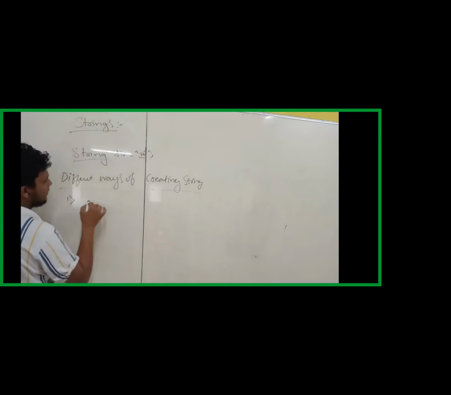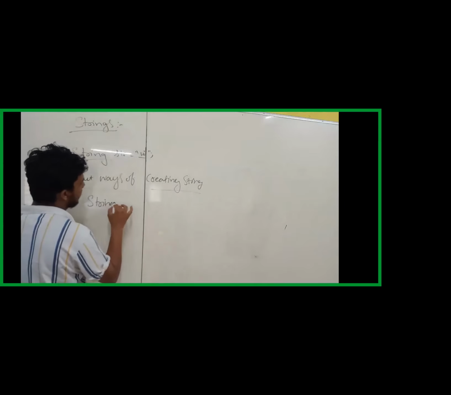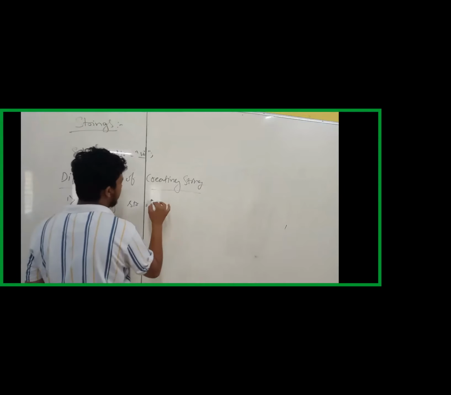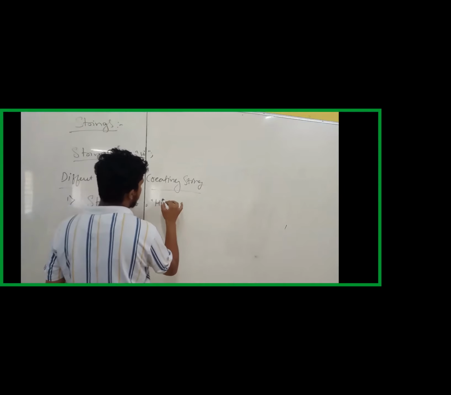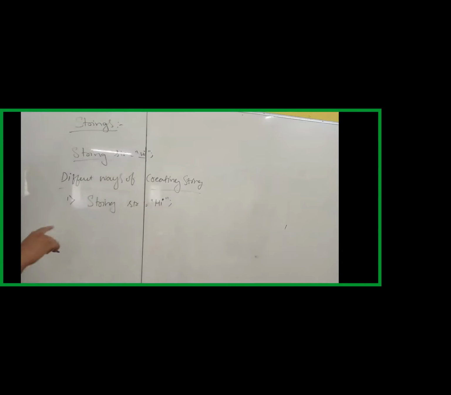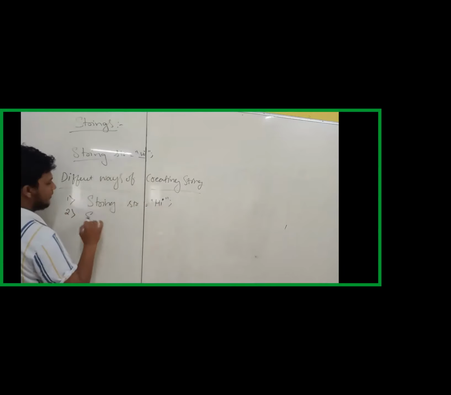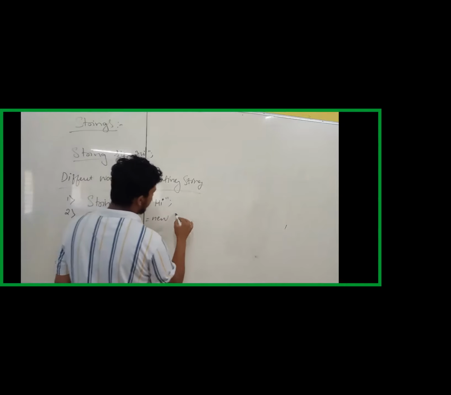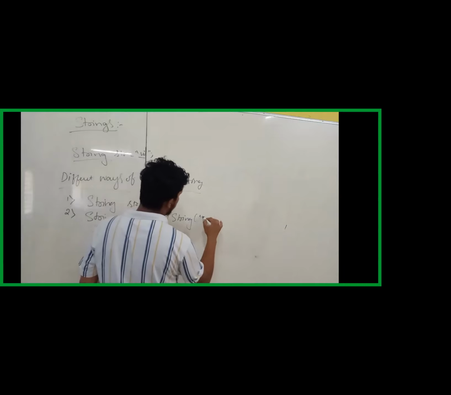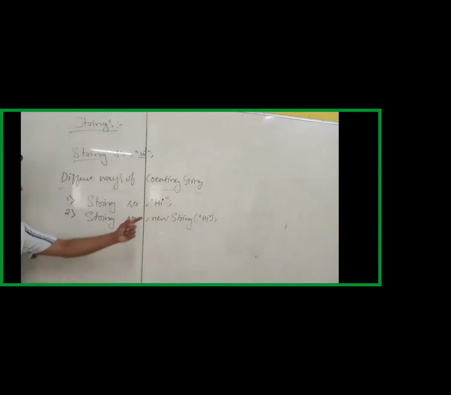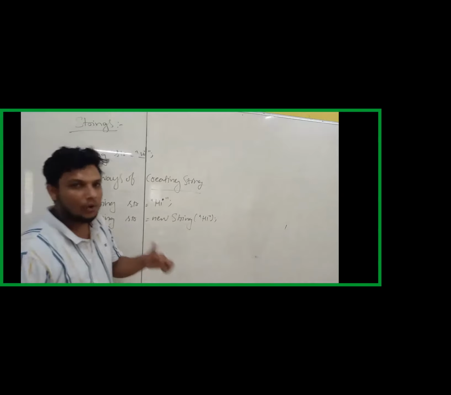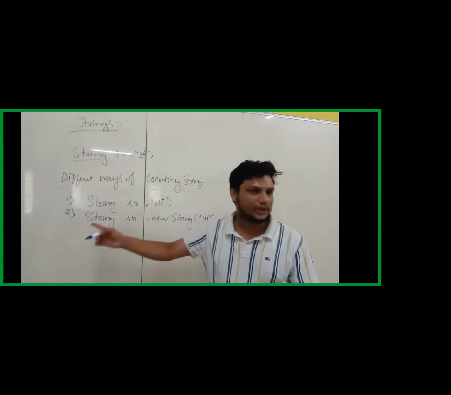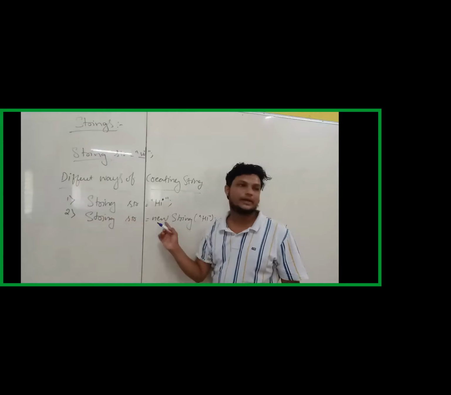The very first way is String str = "hi". The other way is String str = new String("hi"). Here I'm creating a string without the new keyword and with new. Since I told you string is a class, how do we create an object of a class? This is the way we create a class object, and the same way I'm creating a string object.